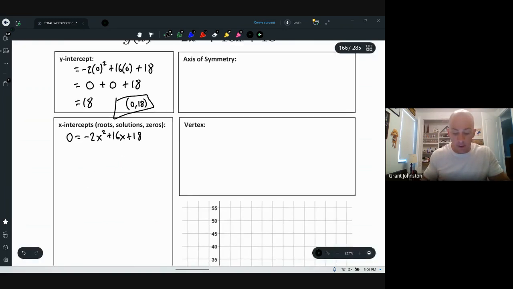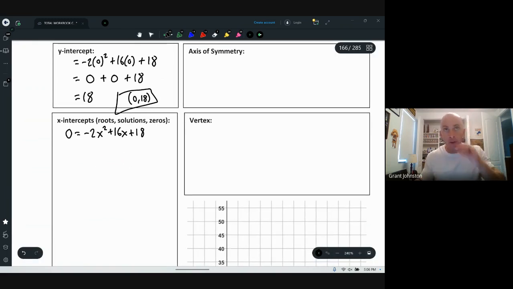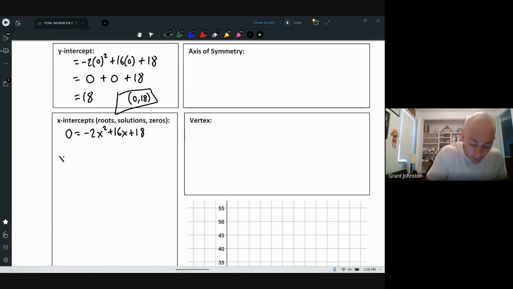Why not? So x equals negative b plus or minus the square root of b squared minus 4ac, over 2a. So here we go. Negative b, so it would be negative 16, plus or minus the square root of b squared.